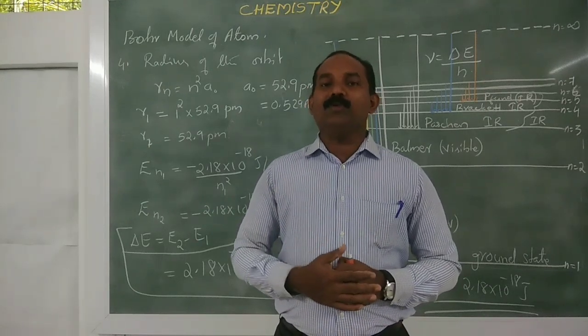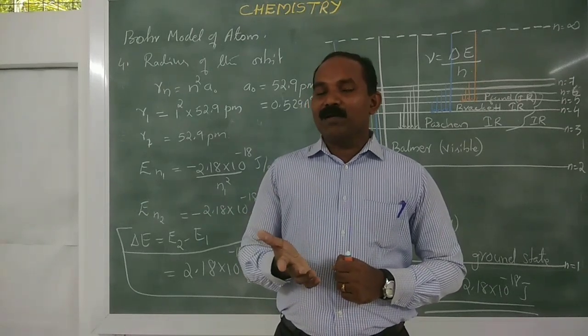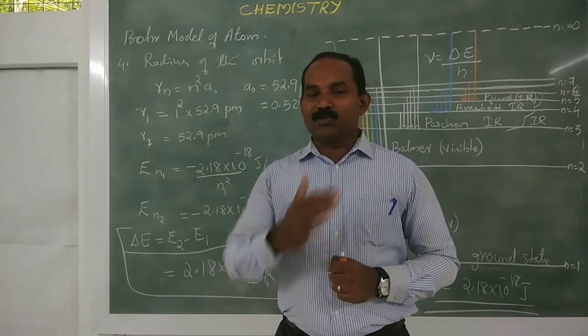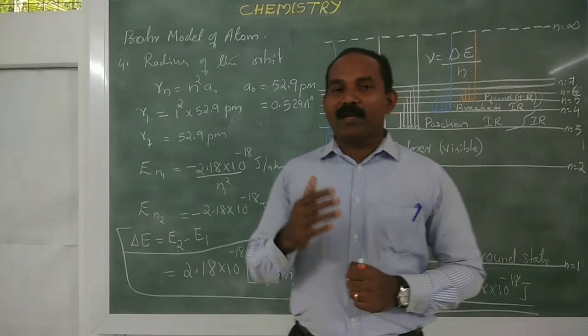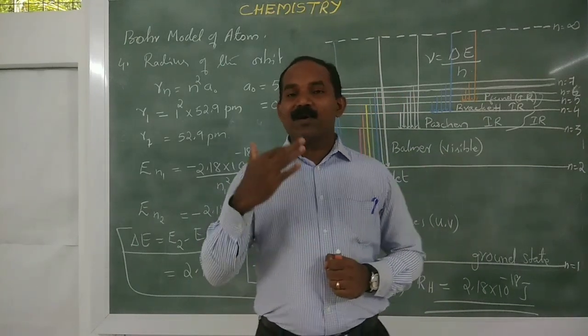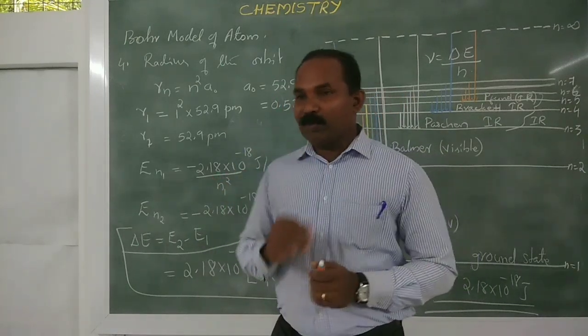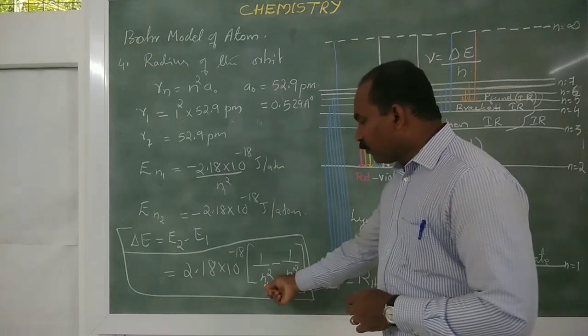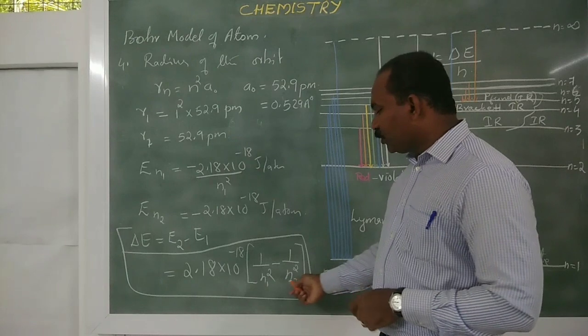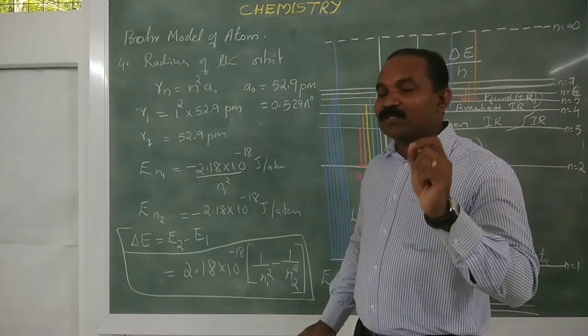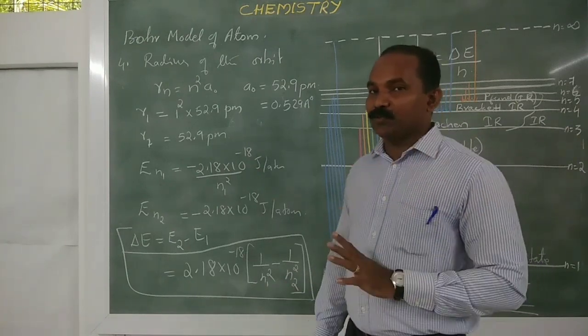Delta E is equal to E2 minus E1, that is equal to 2.18 into 10 raised to minus 18 joule times 1 divided by n1 square minus 1 divided by n2 square. Remember that n1 is always less than n2.